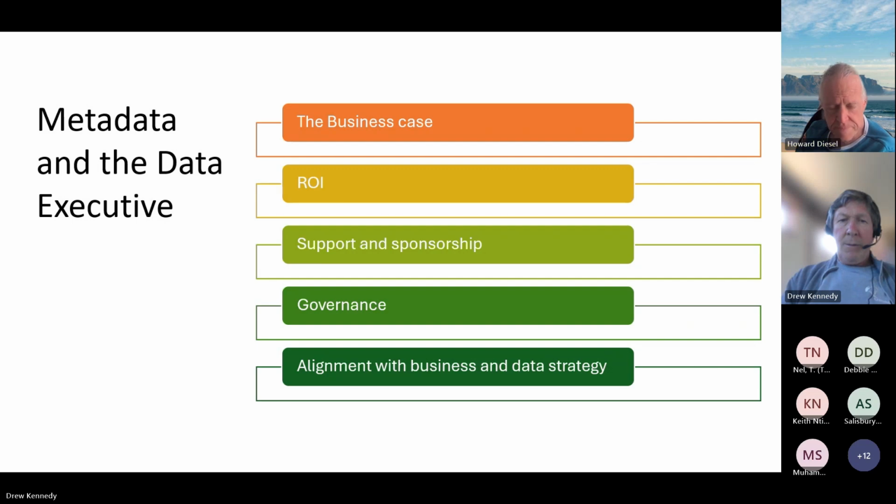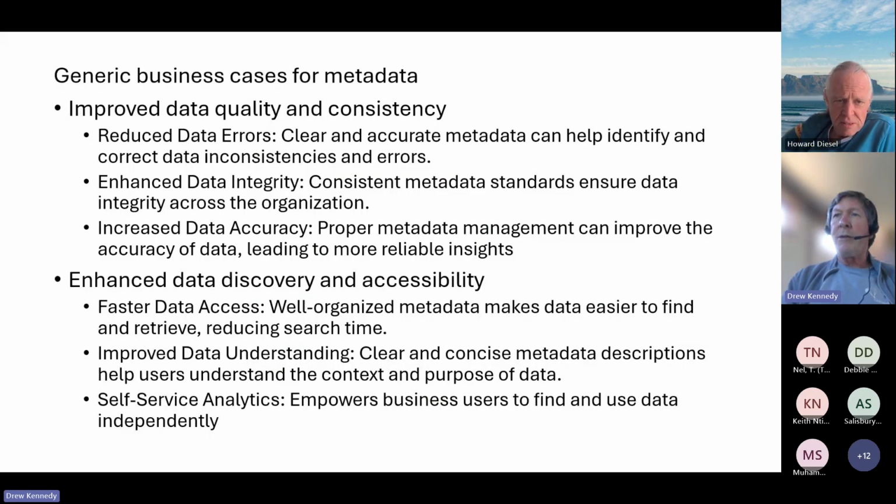Anyway, the generic business cases that we would have seen for metadata would be improved data quality and consistency. Obviously, we know why we want good metadata because it helps with integration. The standards help ensure that we can find the stuff, and the accuracy.